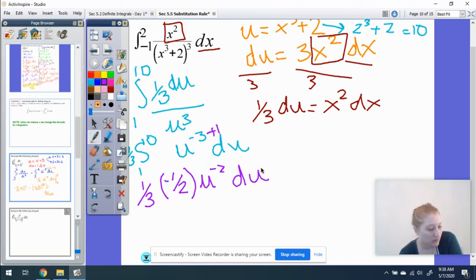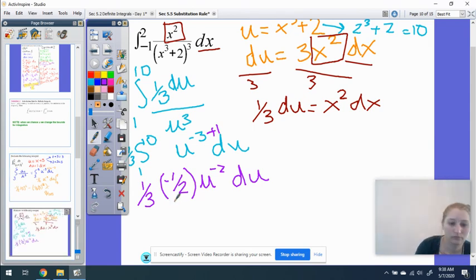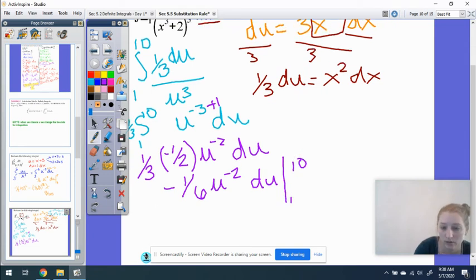All right, so let me clean this up before we substitute. So we're going to get negative 1/6 u to the negative 2 du. And we are evaluating that at 1 and 10. So we're going to plug in the 10 first, and we're going to subtract the 1 value.